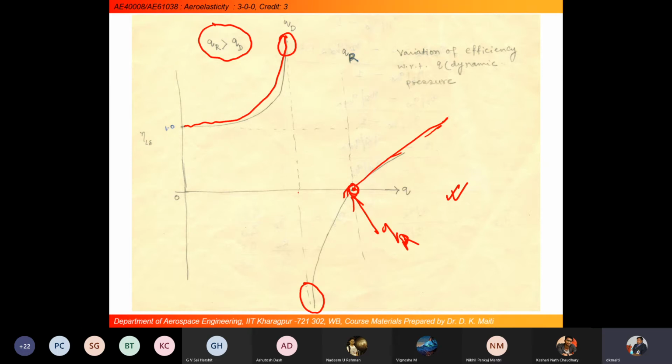Basically it will come from the control group, whether we need QR greater than QD or QR less than QD, and based on that the structural designer has to design the aircraft wing such that the Q reversal will be greater than QD or less than QD.